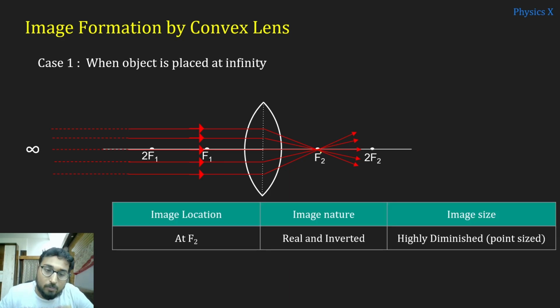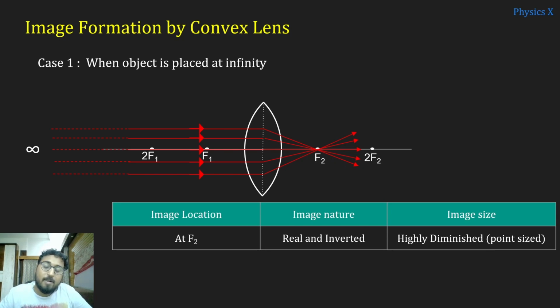If we comment on the nature, location, and size, the image location is the focus point, that is f2, and the nature is what? These rays of light are refracted, and they are actually meeting. So we observe a real and inverted image. I told you that real and inverted go hand in hand. So a real and inverted image, that is an upside down image, will be formed, and it is highly diminished, that is point sized. So this is the first case.